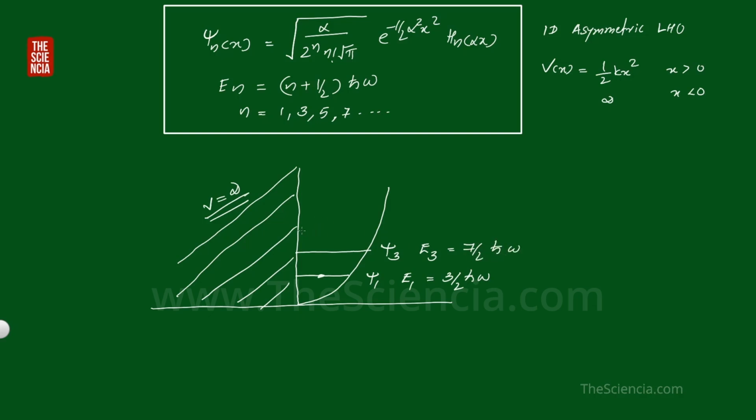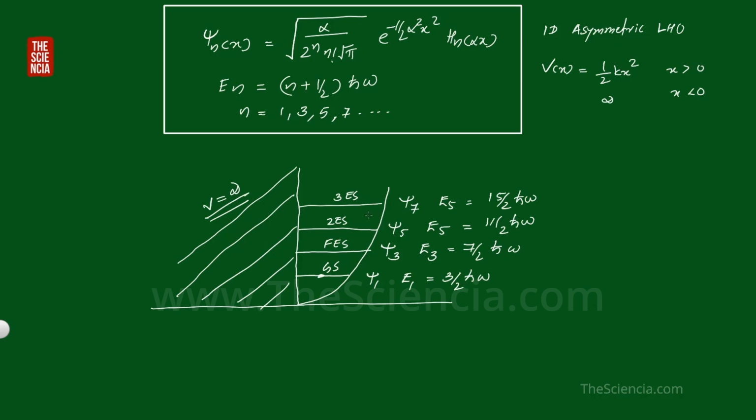The next possible state is psi 5, that is E5, equal to 11 by 2 h cross omega, and the next state is psi 7, and E7 is equal to 15 by 2 h cross omega, and so on. So this is the ground state, this is the first excited state, this is the second excited state, and this is the third excited state, and so on.